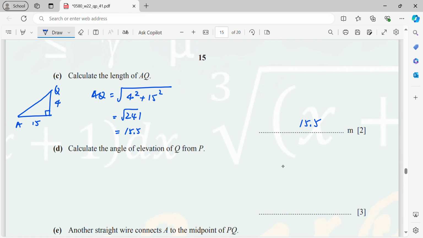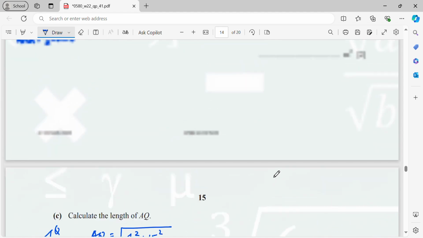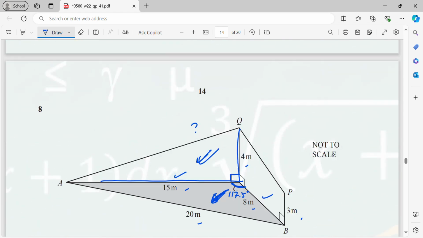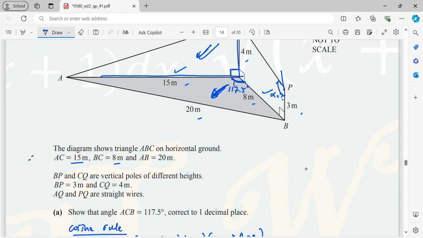Now D, calculate the angle of elevation of Q from P. Q is here, of Q from P. That means my angle of elevation is basically, this is Q, this is P, so this is the angle. To find this angle, you must understand that the ABC is on horizontal ground.